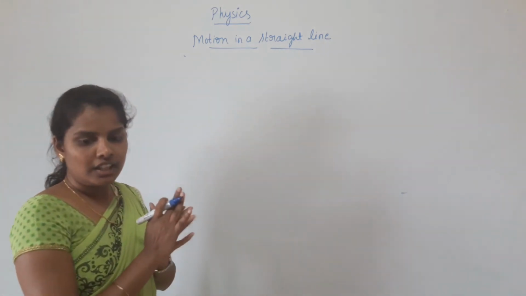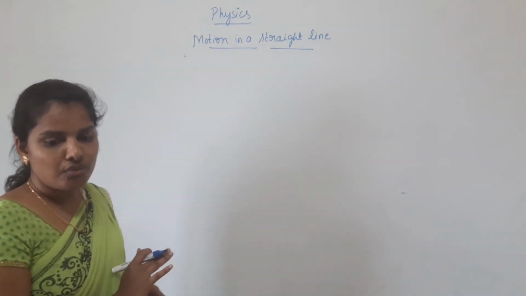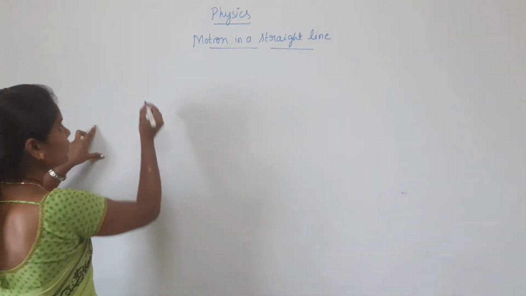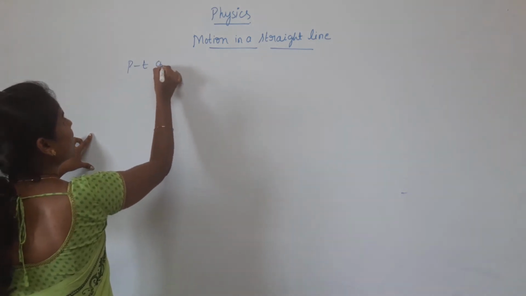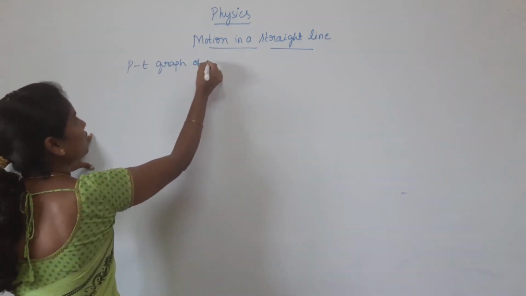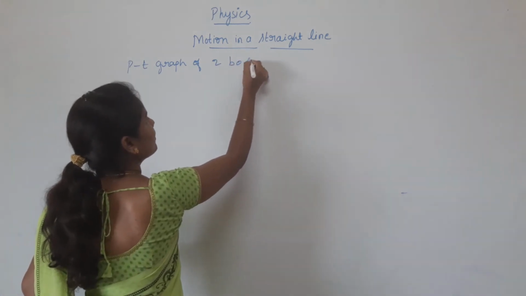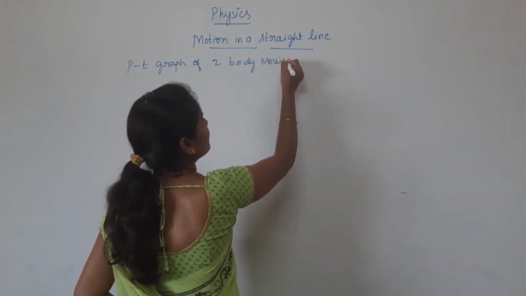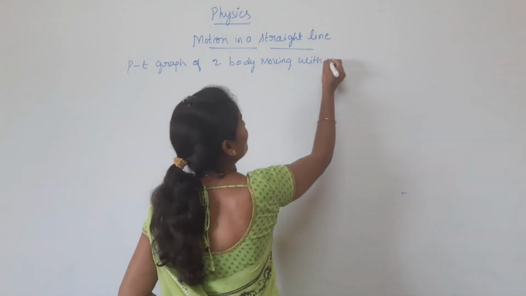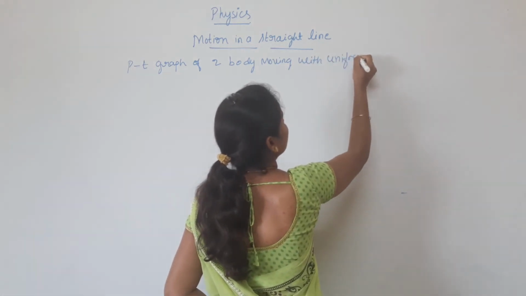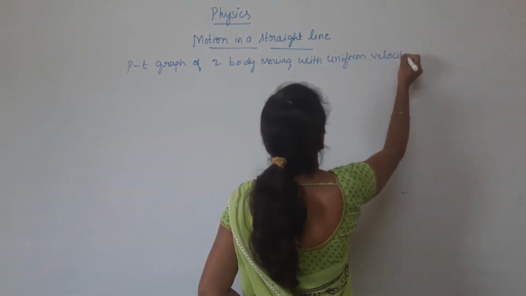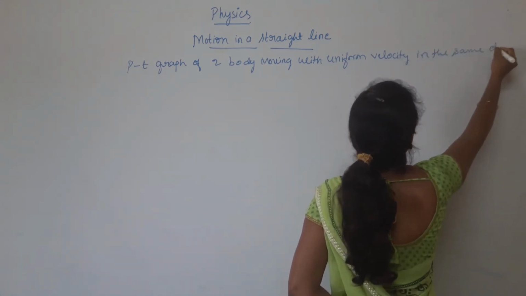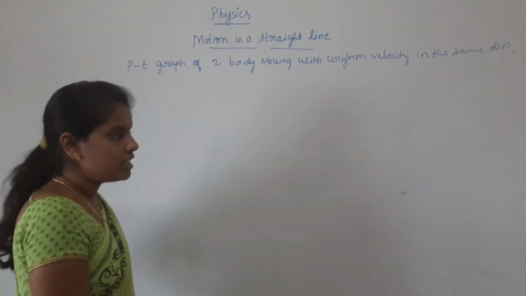So the next thing is the nature of the graph for bodies in uniform motion: the position-time graph for two bodies moving with uniform velocity in the same direction. The nature of the graph is like this.